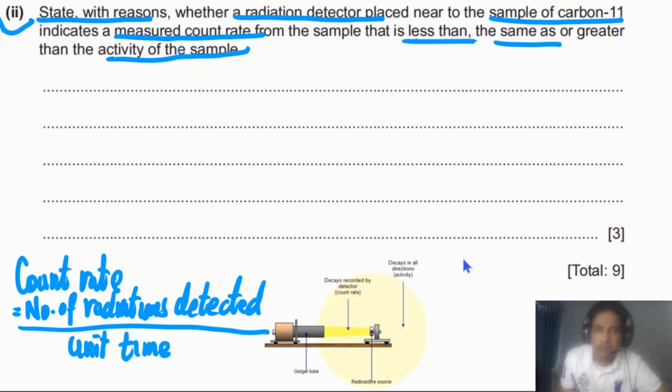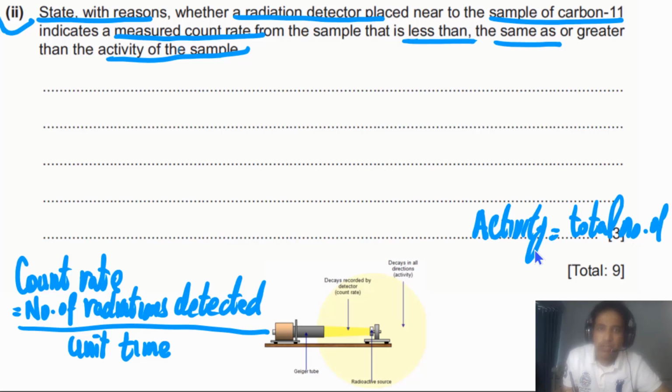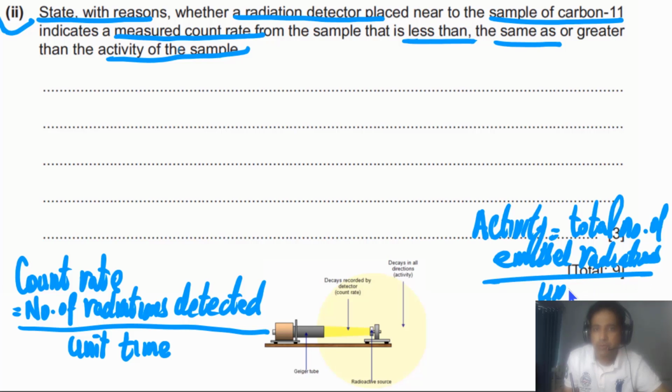And activity is the total number of emitted radiations per unit time. So this is in a simple way how we can define activity.